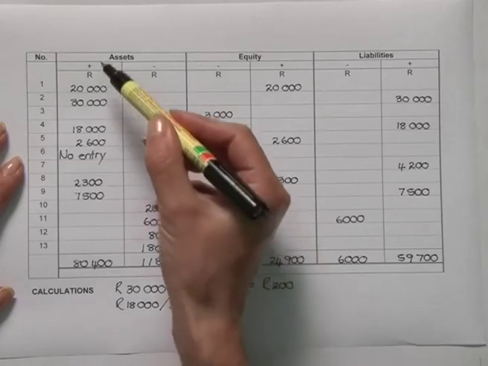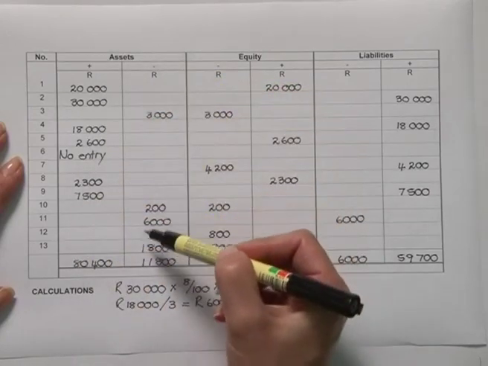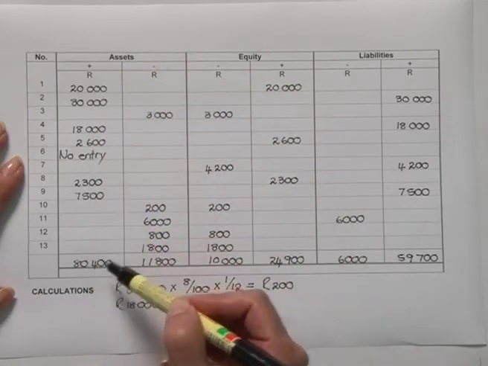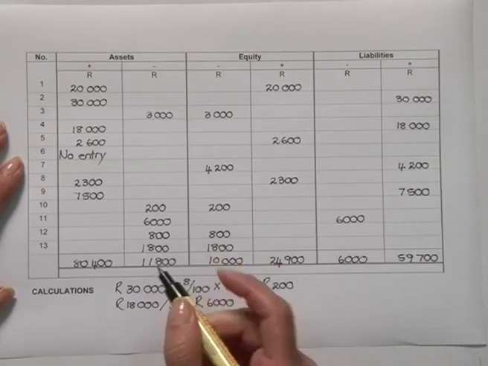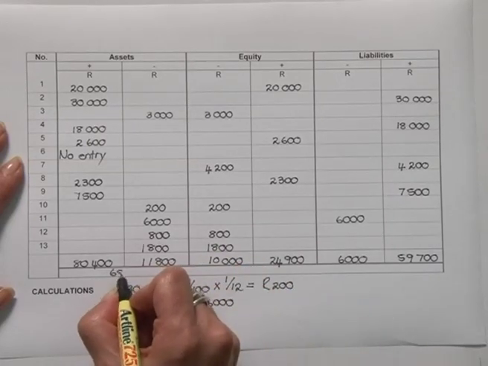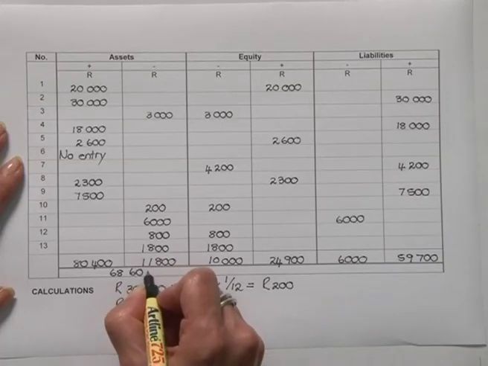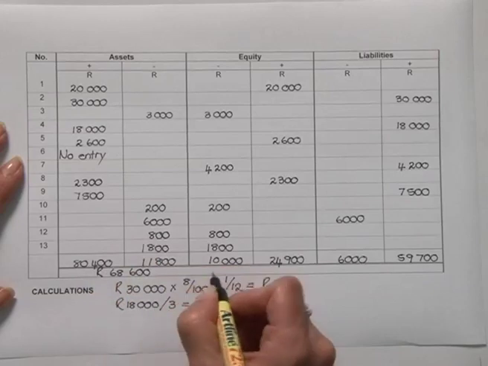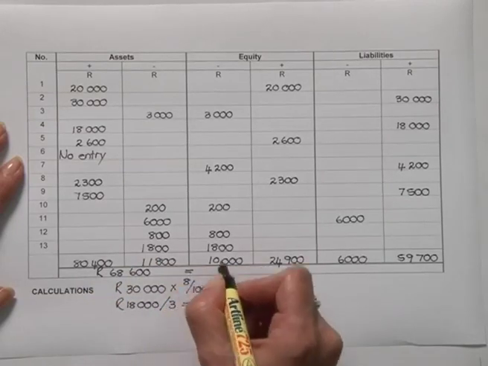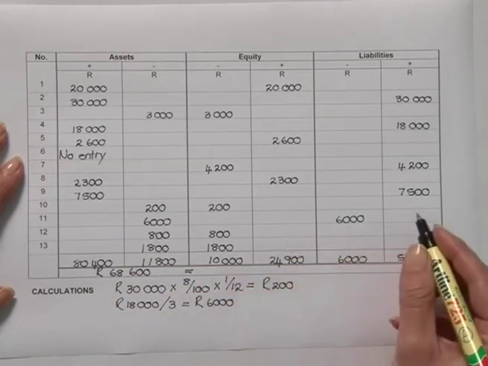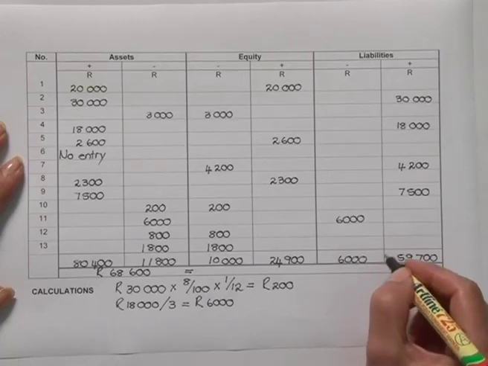If we then calculate the net effect for assets, I take all my positives minus the negative entries, and that will result in assets adding up to 68,600 Rand. And this must then be equal to my equity's net amount plus my liabilities.